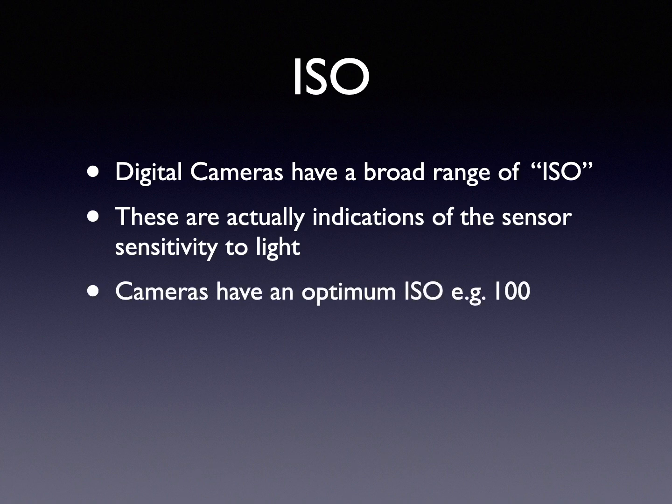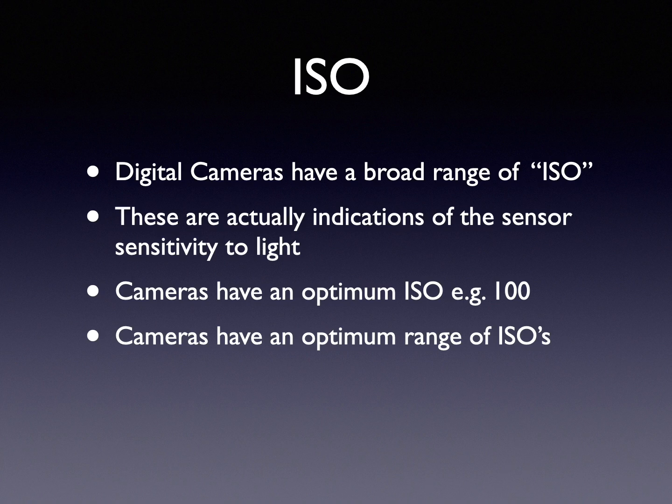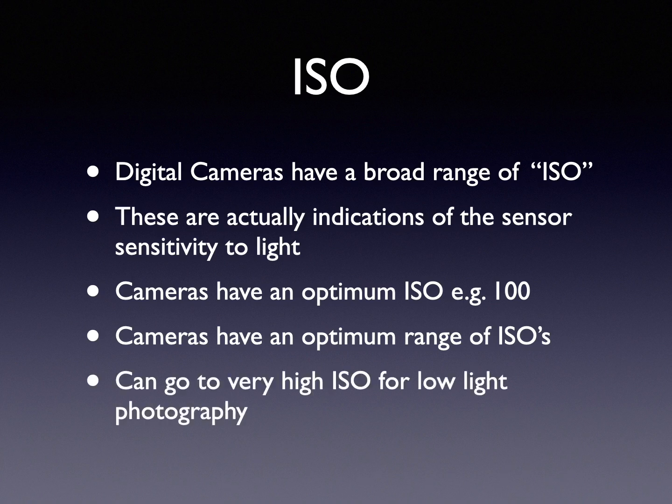Cameras have an optimum ISO, for example, 100, and they also have an optimum range of ISOs. But they can go from very high ISOs for low light photography, to very small ISOs for bright light photography.